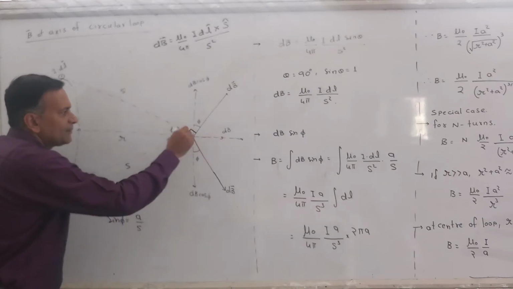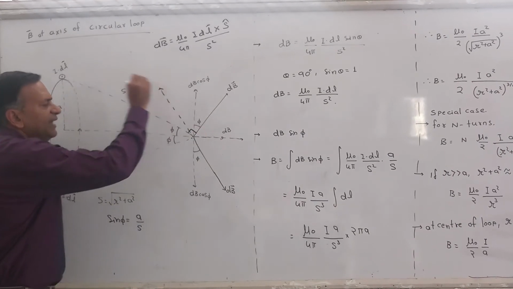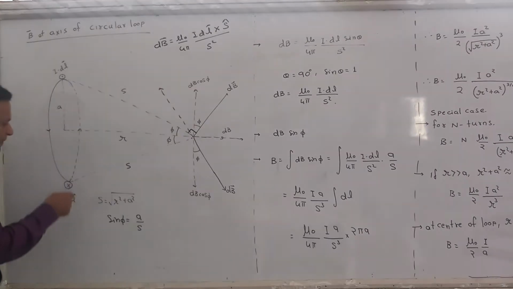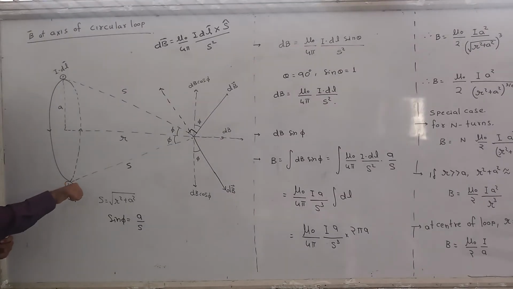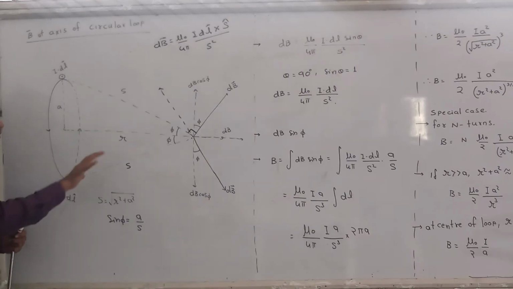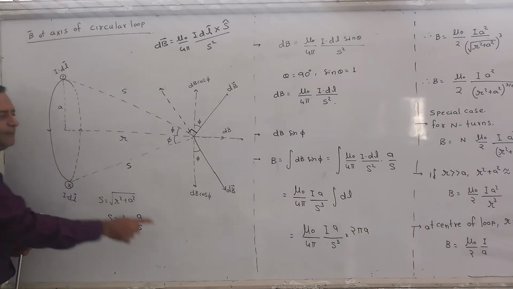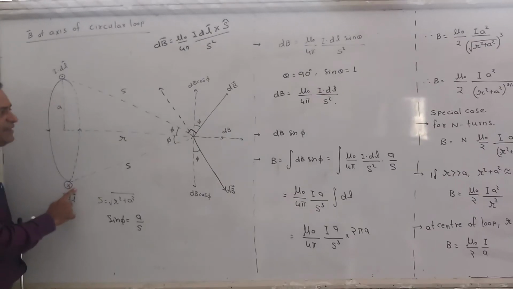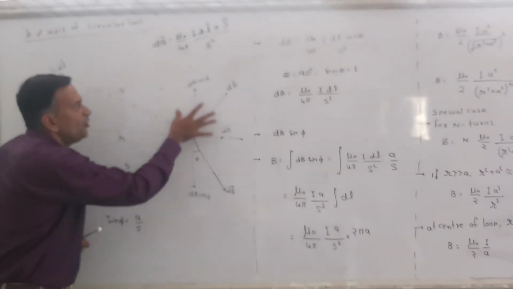One is this, the other is this. Which one of these is the correct one? Place the thumb in the direction of current element. Move the fingers of the right hand. Which direction is it showing at that point? Downward direction. That means this is the correct direction of magnetic field due to this, and this is not.